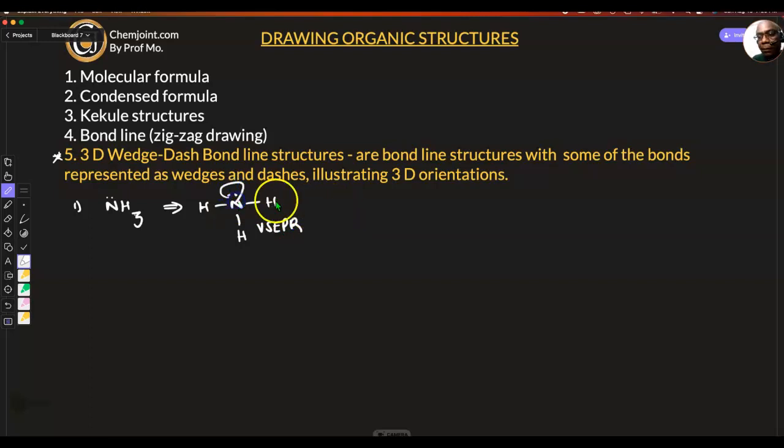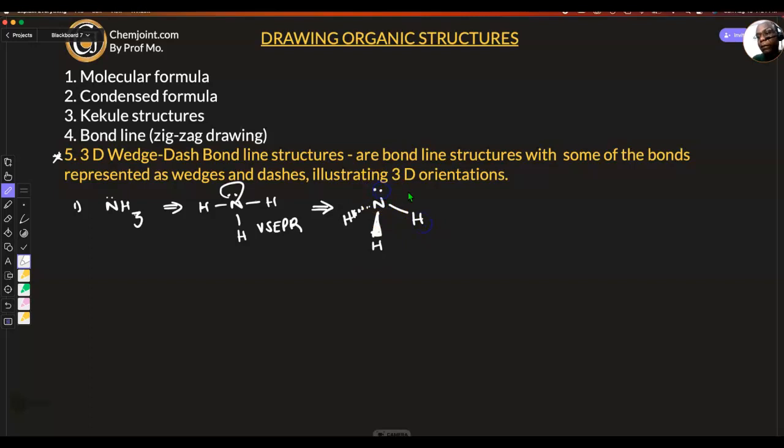This lone pair takes much room and it's going to repel the bonds, and the bonds have electrons, they will repel themselves. So we expect that one hydrogen is going to be away from us, like behind your screen. So we use the dash, and one will be popping out of the screen, pointing towards your nose, and the other one is going to be on the plane as the surface of your screen.